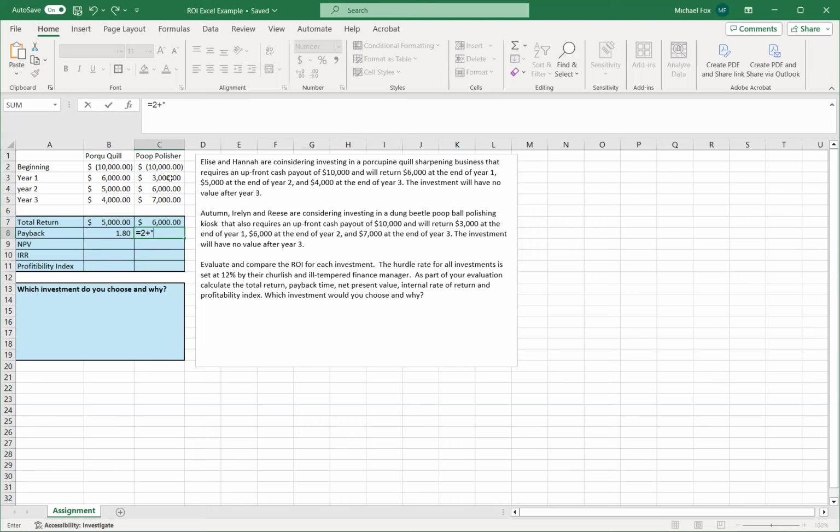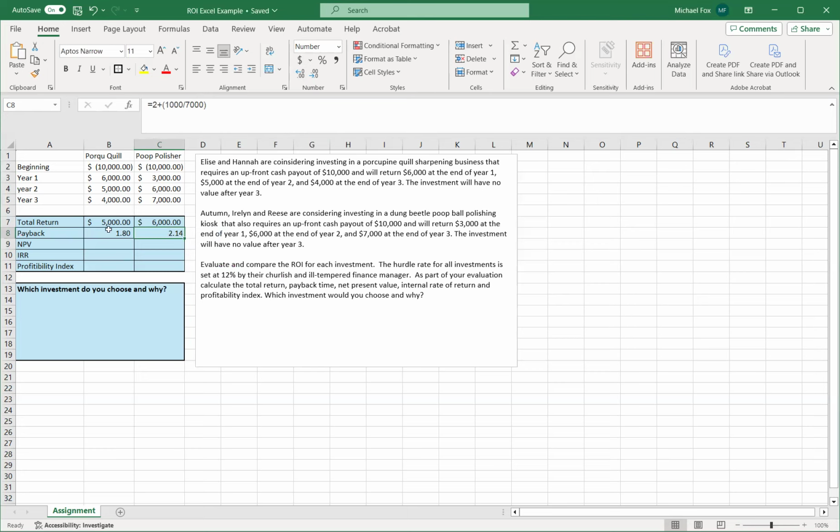So 3,000 plus 6,000 is 9,000 from the 10. So 1,000 divided by the amount we're going to make in that third year. So we're going to say it takes 2.1. We'll go one more decimal so they match. 2.14 years to make our money back on that one.